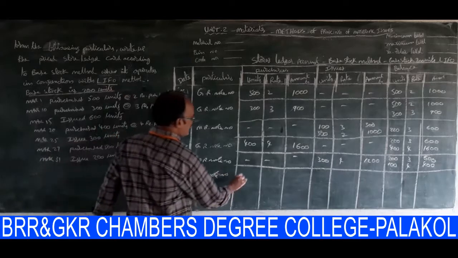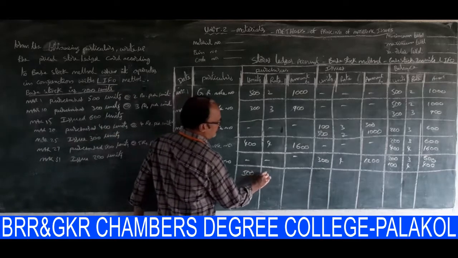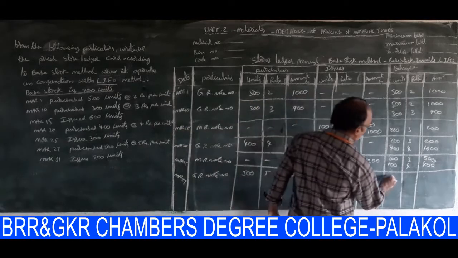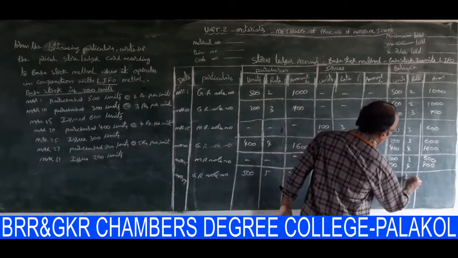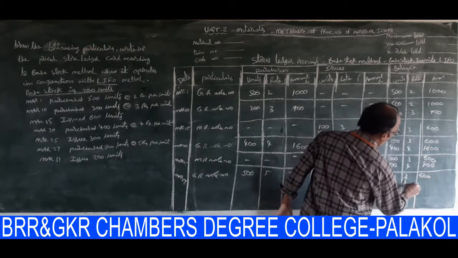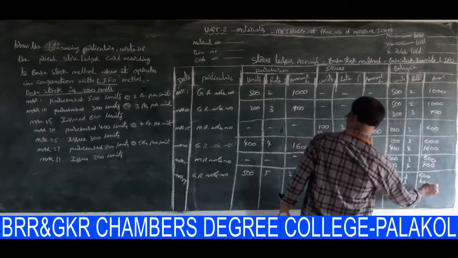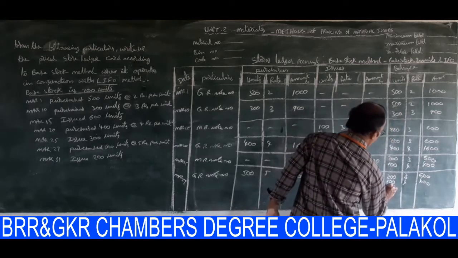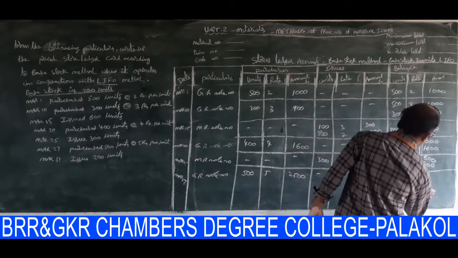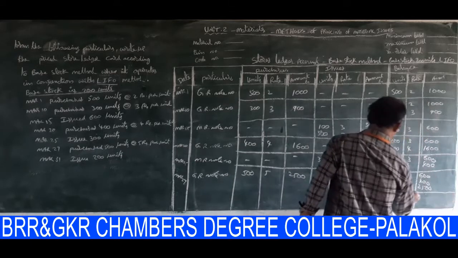How many units purchased? 500. 2500. So 200 at 3, 600, 100 at 4, 400. Next one, 500 at 5, 2500.